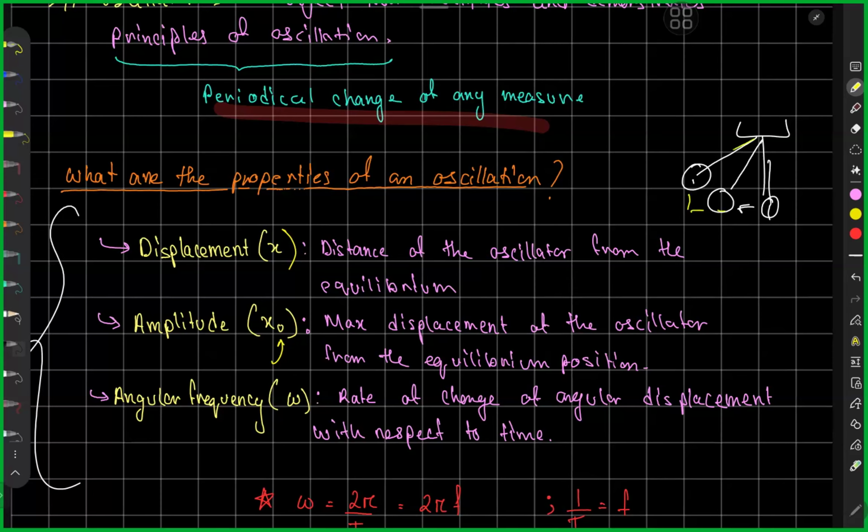If this is the maximum that the spring gets displaced, then the maximum displacement is this distance, del x over here, and this will be called x naught or a, or amplitude of the oscillation.